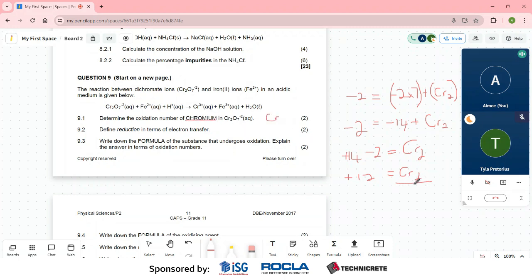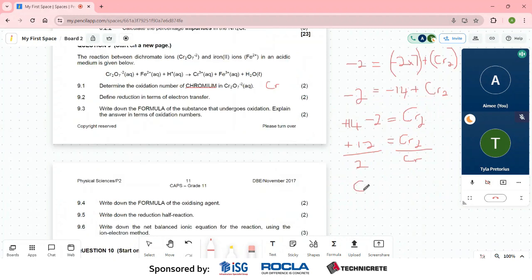So I divide by 2 on this side and I divide by 2 on this side, and I'm left with the charge on chromium as positive 6. That's the oxidation number for chromium. So you're just using your charge values and multiplying them by the number of atoms that you actually have.